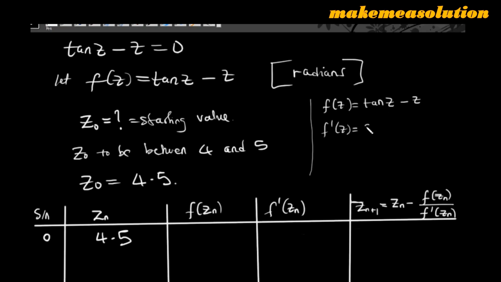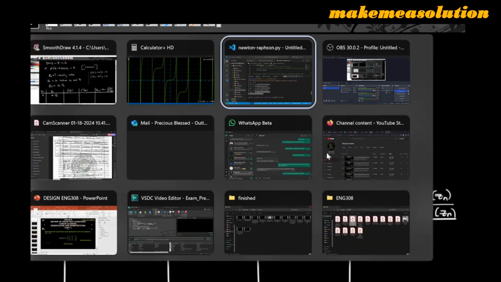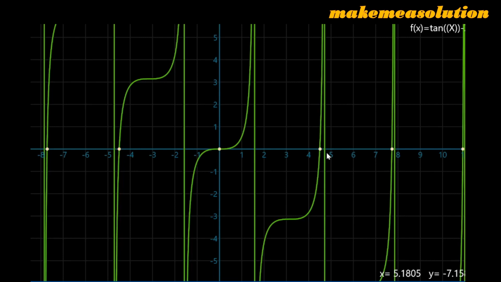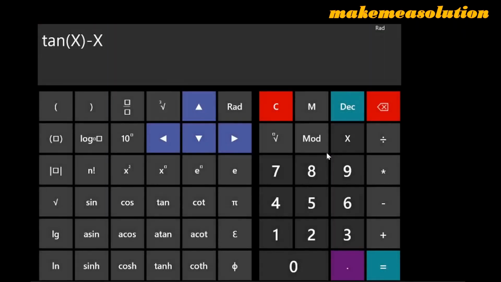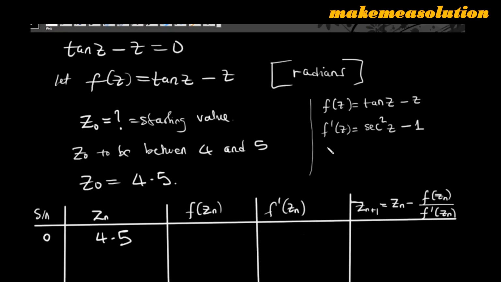Differentiating tan z, you get sec square z, and differentiating z with respect to z, you get 1. Now, on your calculator you might not have the luxury of seeing sec, so you have to remember that sec is the same thing as 1 over cos. So this is 1 over cos square z, minus 1.